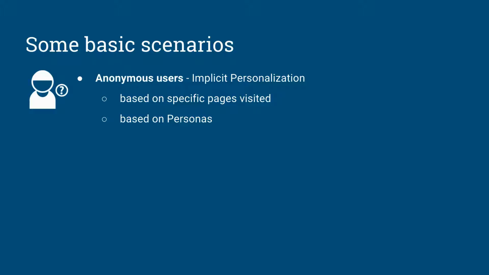But we are still able to provide a personalized experience to this user based on his or her behavior during the visit in our website. For example, specific pages visited by users can help us to infer their interest. Also, this page being visited can be used by Sitecore to match the user navigation against pattern cards and identify personas or profiles that better correspond to our site visitor.